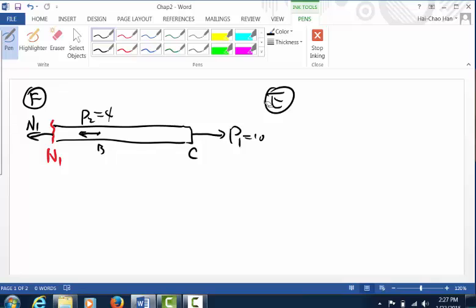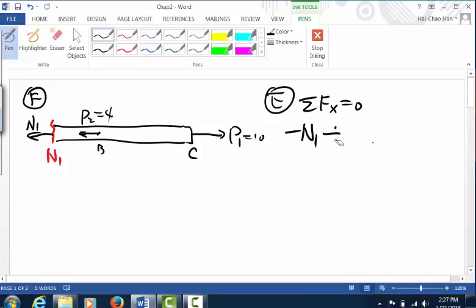Okay, sigma Fx should be 0. Now, translate into this situation here. What will you have in this equation? So you have minus N1, minus P2, that's a 4, and then plus P1 equals 0.